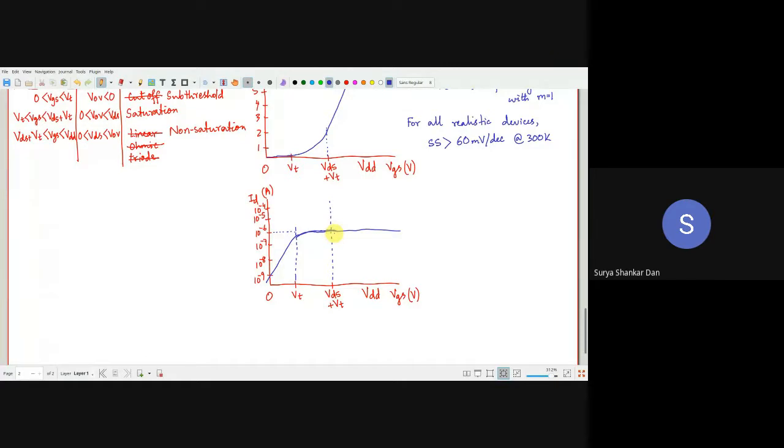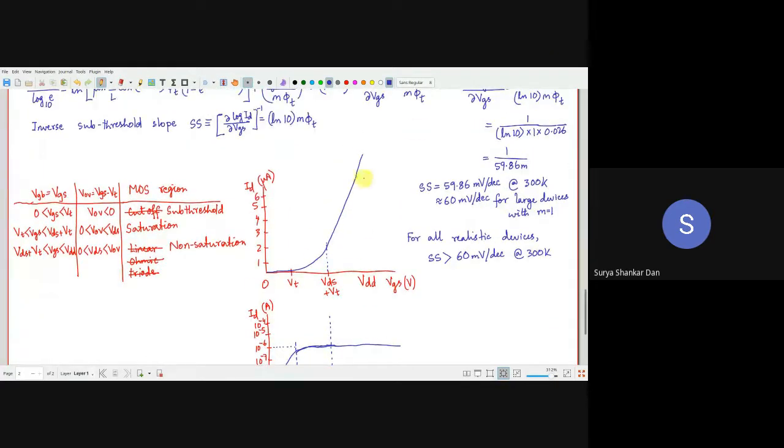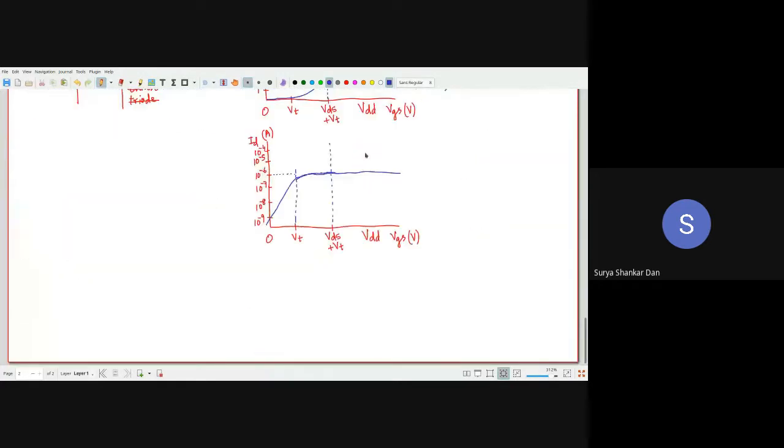All right, so whatever you are able to observe on the linear scale as rapidly increasing current, this whole thing is like a flat line, all in the microampere order. But there is a huge amount of variation that happens below VT.